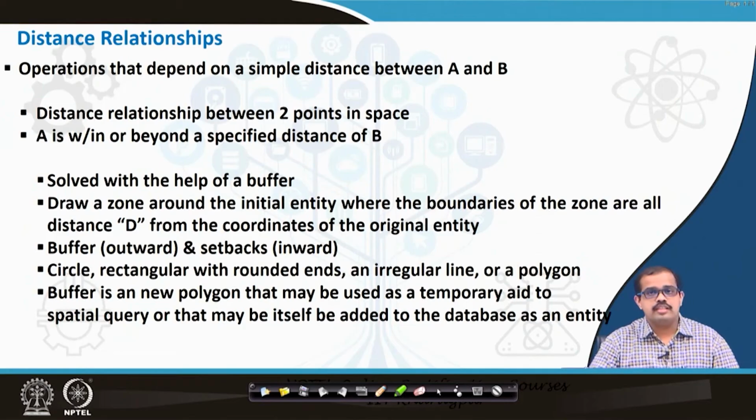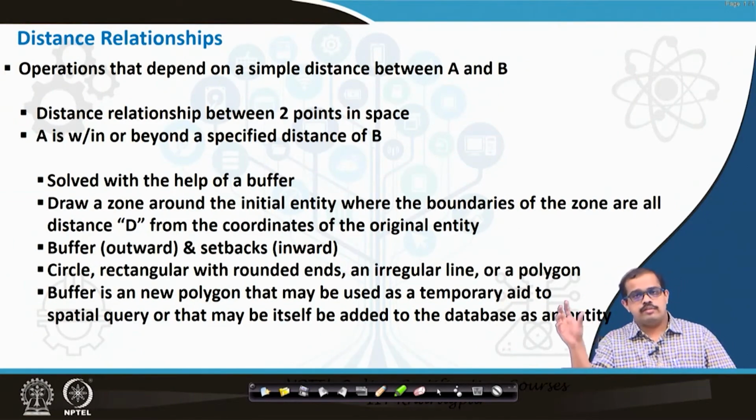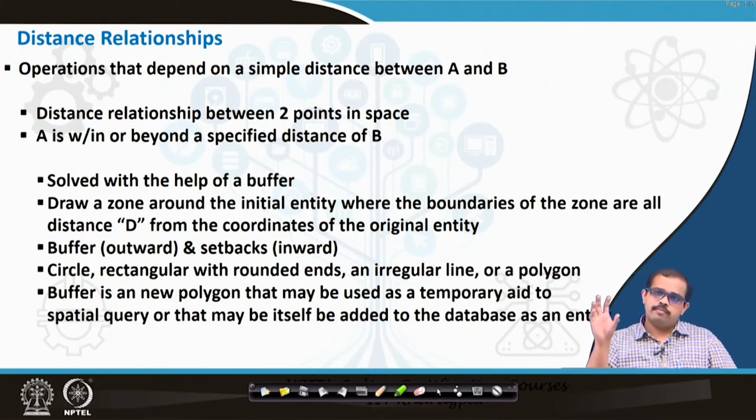Okay. So the next thing is called distance relationship. Yesterday I spoke about the distance relationship, but when you are looking at distance relationship, you have operations that depend on simple distances from A to B. Let us say tomorrow you decide, for example, to develop a map of your institute. Once you develop a map of your institute, you should make it more dynamic.